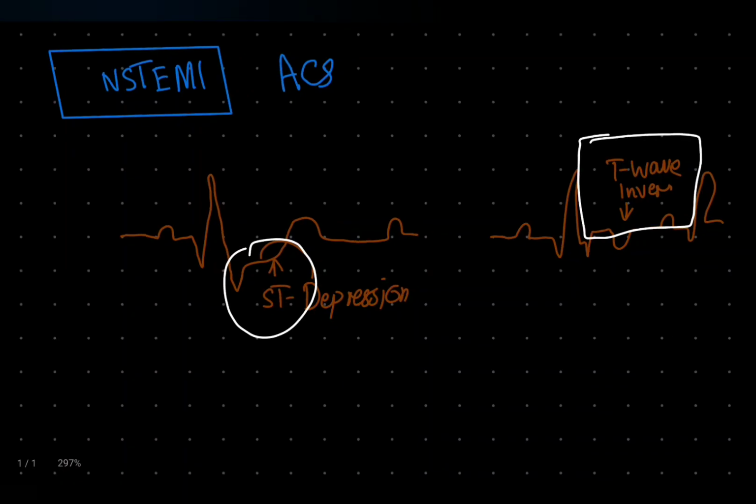In non-ST elevation acute coronary syndrome, we will assess cardiac troponin levels. These levels are very important. If cardiac troponin levels are elevated, it is non-ST elevation myocardial infarction.